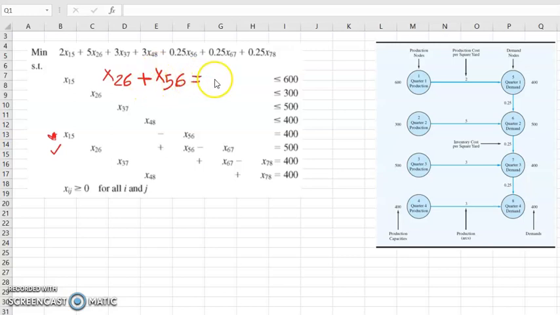It's a transshipment node, so the inflow must equal the outflow. One outflow is 500, and the other outflow is x67, exactly the same as the previous network models that we did together.